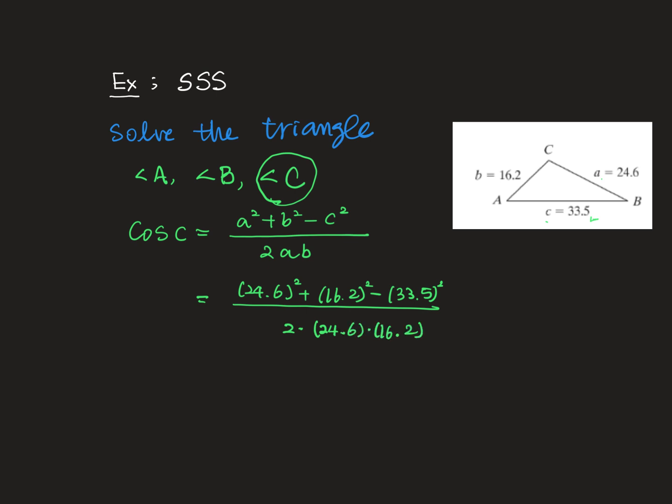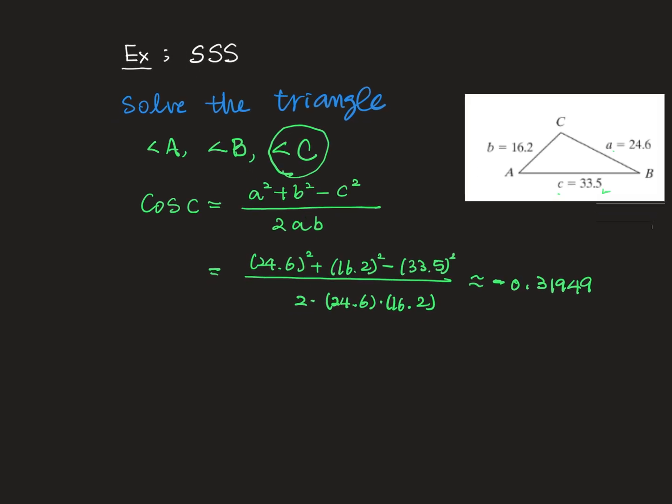When you calculate, this is approximately negative 0.31949. So how can we find angle C? C is the inverse trigonometric value, arc cosine of negative 0.31949, which is approximately 108.6 degrees.